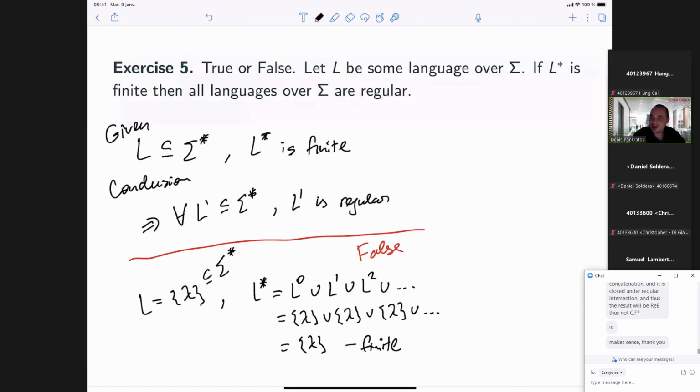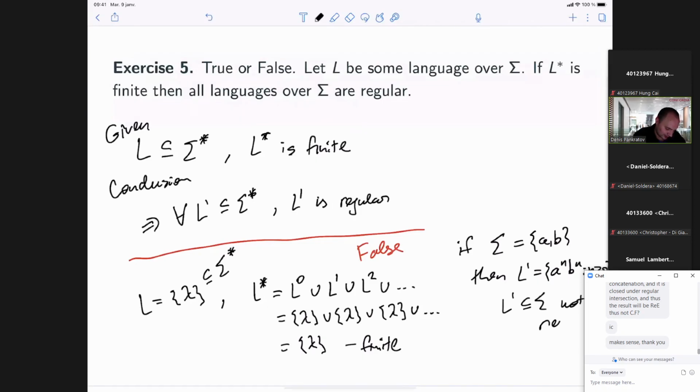But sigma was arbitrary. So in particular, if our sigma contains, let's say, 2 characters, then L prime, which is any non-regular language, such as A to the N, B to the N, is a subset of sigma star and it is not regular. So the conclusion doesn't follow.